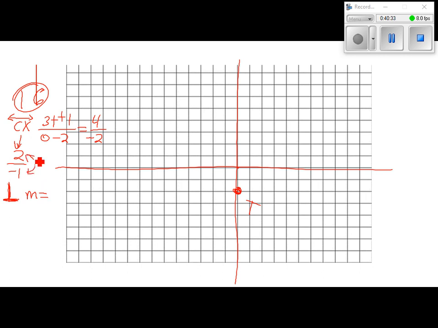It becomes 1/2, and this was a negative, so now it's a positive. So the slope is 1/2, that tells us go up 1 and to the right 2. So we start here and we go up 1 to the right 2, up 1 to the right 2, up 1 to the right 2. And our line's going to look something like that. It had a positive slope, so it should be going up.